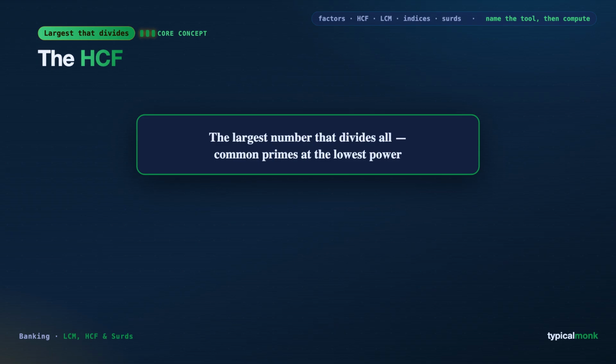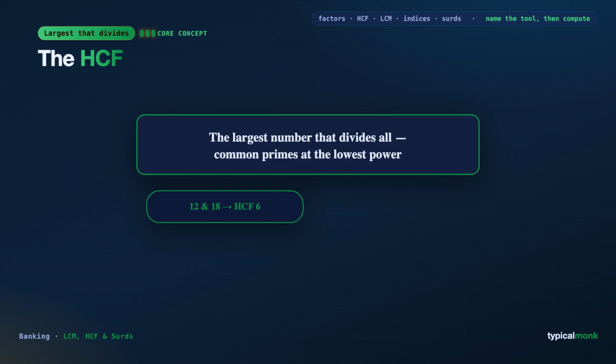The factors of 18 are 1, 2, 3, 6, 9, 18. The common factors are 1, 2, 3, and 6, and the highest of these is 6. So the HCF of 12 and 18 is 6. It is, quite simply, the biggest number that goes exactly into every one of them.